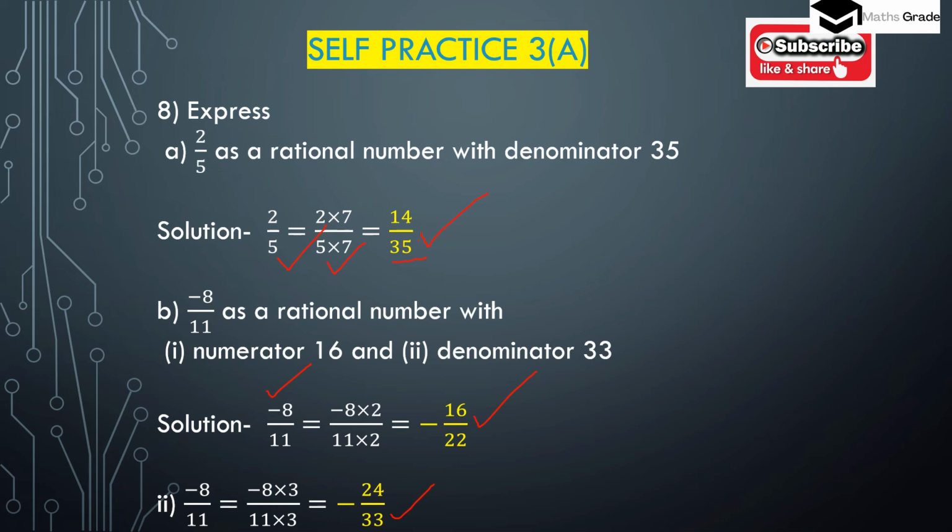So multiply the number 3 with numerator minus 8 is minus 24, and multiply the denominator 11 with 3, we get 33. So we get minus 24 divided by 33. Minus 24 divided by 33 is equivalent to the rational number minus 8 divided by 11, and whose denominator is 33.